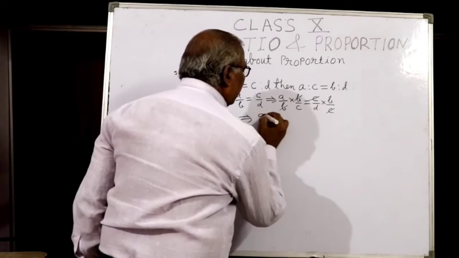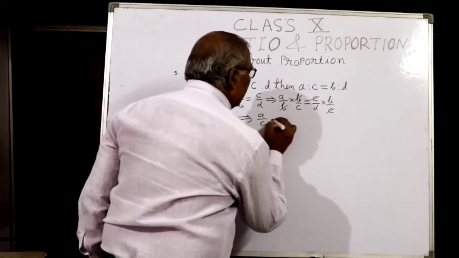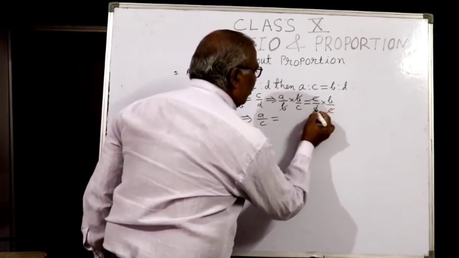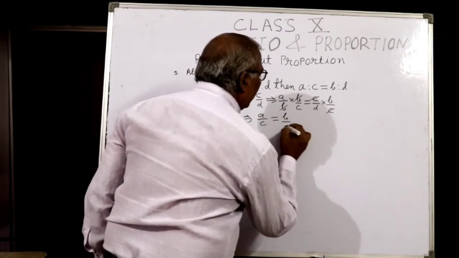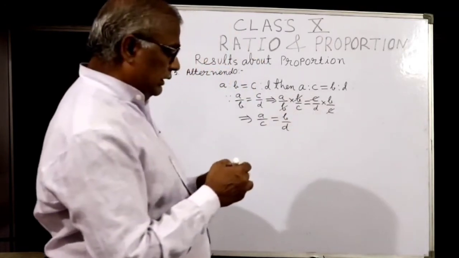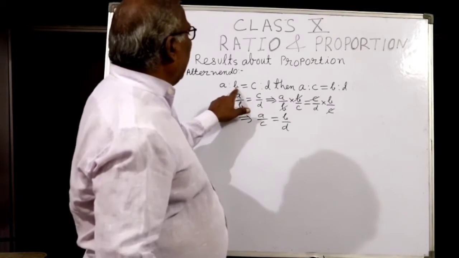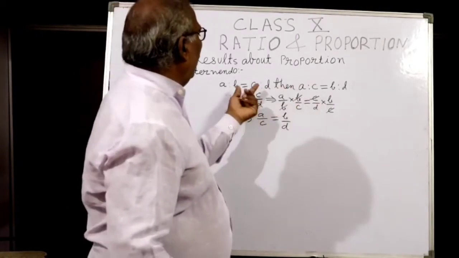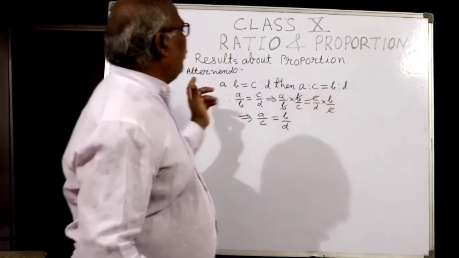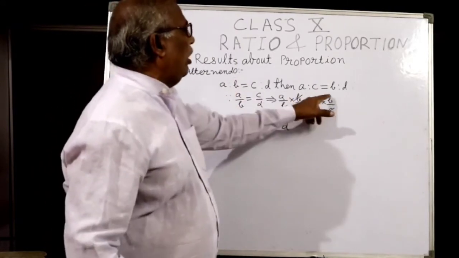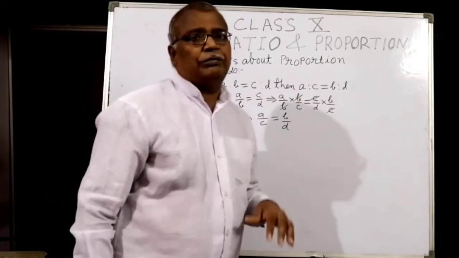This implies that A upon C is equal to B upon D. Since here B and C are altered, therefore this property is called alternando.